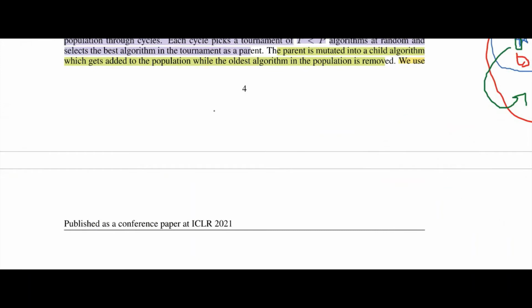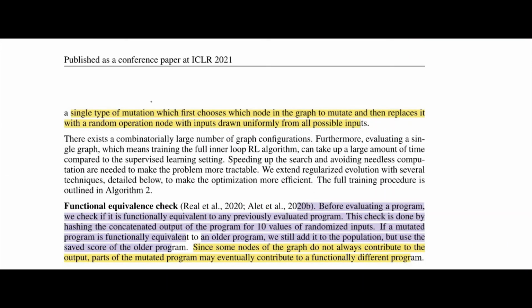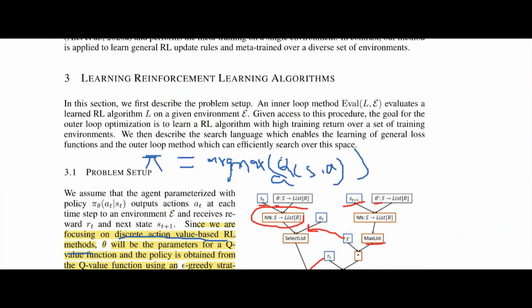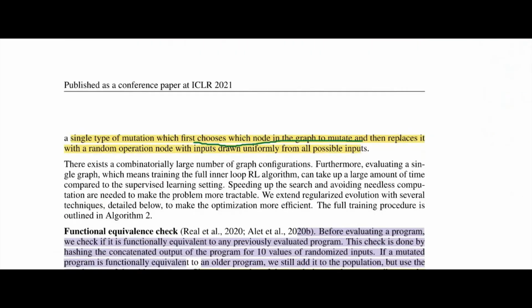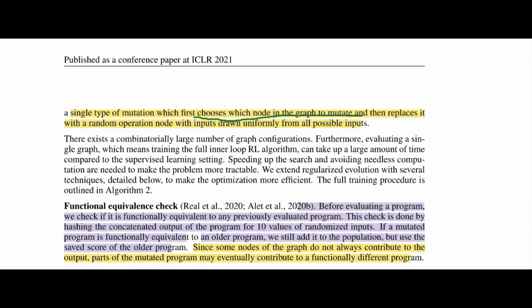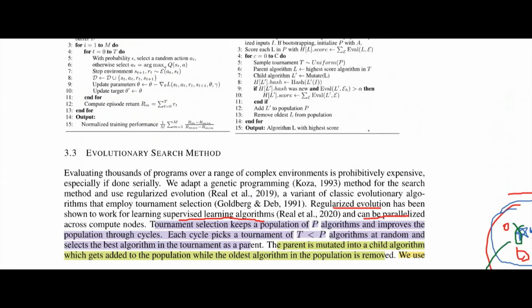For the mutation, they say that they only focus on a single type of mutation, which first chooses which node in the graph to mutate. So it chooses, okay, which of the nodes should I mutate? Should I mutate this? Should I mutate that? And then it replaces it with a random operation node with inputs drawn uniformly from all possible inputs.